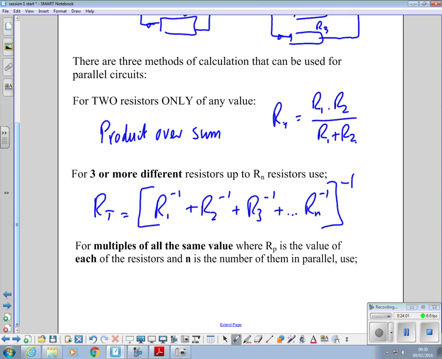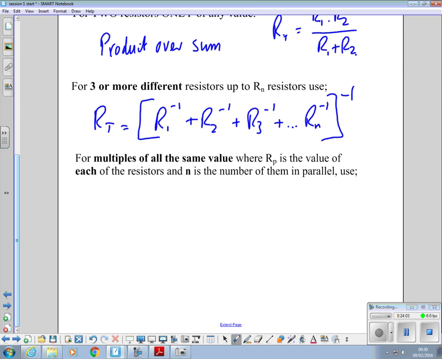You may also have seen that one in this form. 1 over RT is equal to 1 over R1 plus 1 over R2 plus 1 over R3 and so on. The reason I don't teach that way is because students tend to forget that it's the reciprocal of the total that equals them added together.